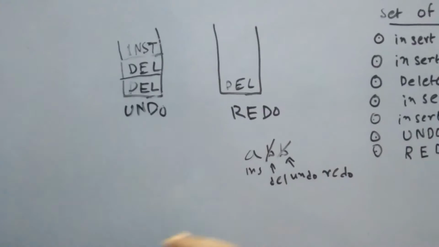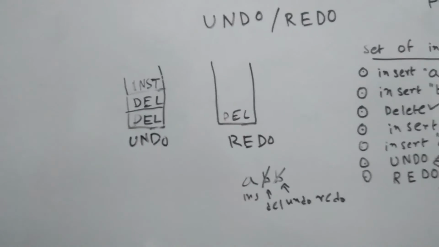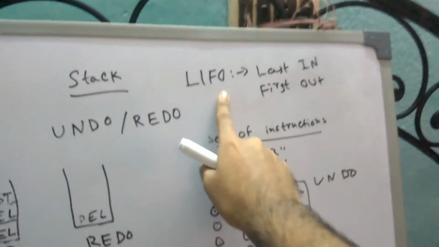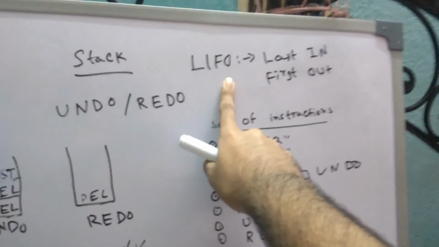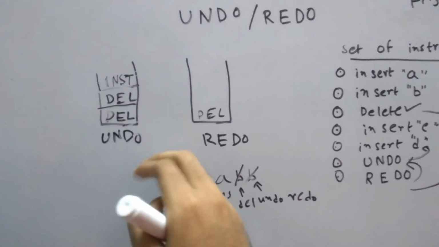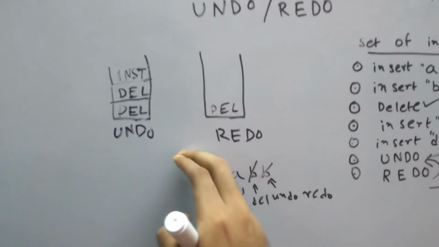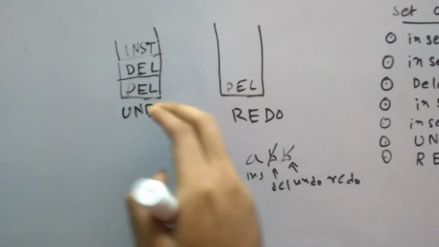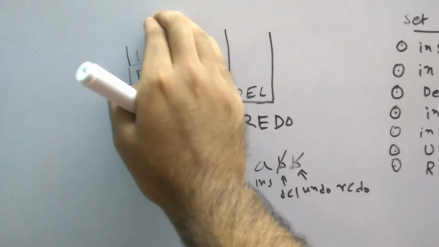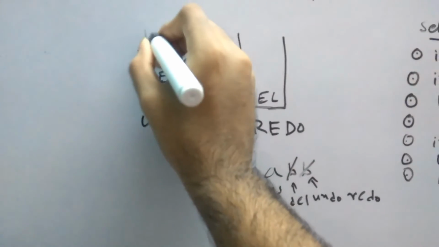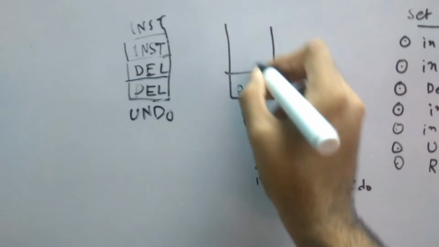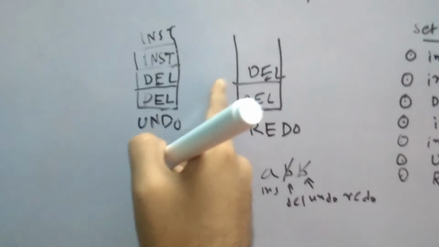And why is stack our preferred data structure over here? Because of this feature of stack, LIFO, last in first out, we have to keep track of the records, of what operation is coming after what. If there are two undo operations over here, like if there were another insert over here, there will be two deletes. We don't want this undo to trigger that delete. We want this undo to trigger this delete.